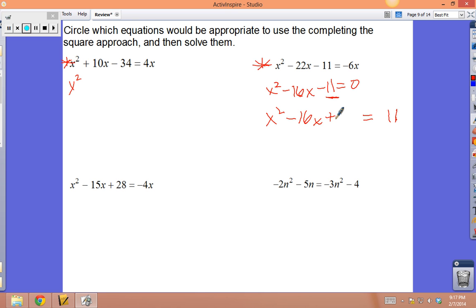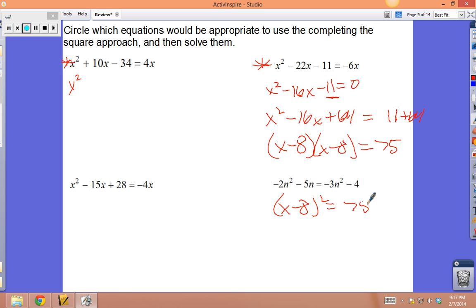So I want 64. I'm gonna add 64 here, add 64 there. And I'm going to factor it, so it's going to be x minus 8 times x minus 8. 64 and 11 is 75. So x minus 8 squared is equal to 75.